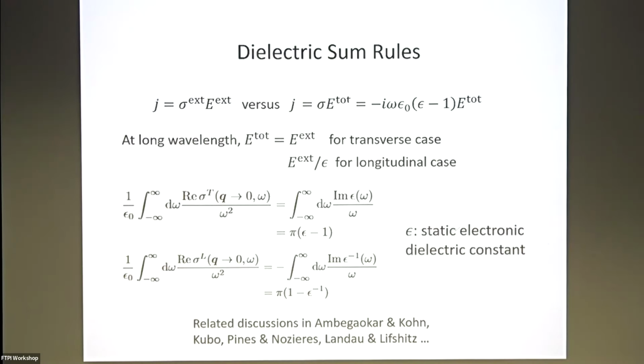The physical conductivity in the long wavelength limit is the same, but what I'm using is the external conductivity because I want to use the external conductivity to probe the energy gap of the system. Yeah, that's key. Okay. Anyway, what's interesting is also that these two sum rules, in many of the textbooks they actually talk about only one of them, which is the longitudinal case, but in Landau and Lifshitz they talk about both.